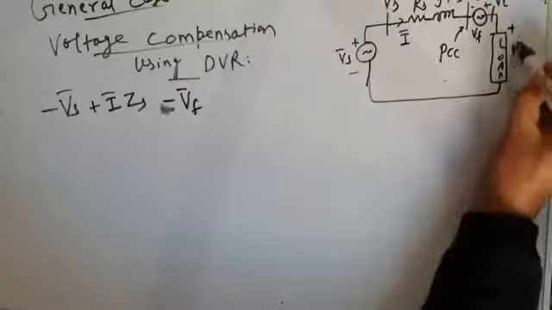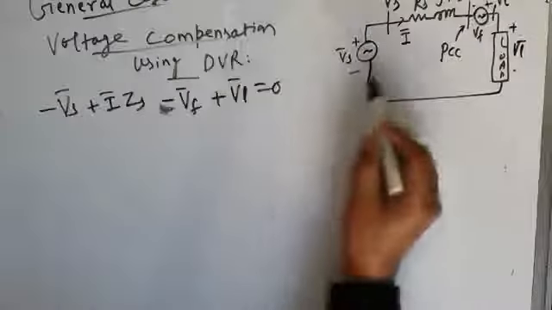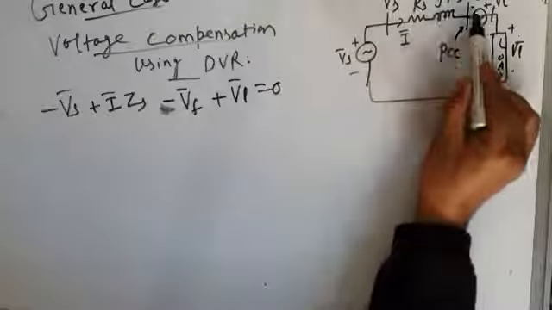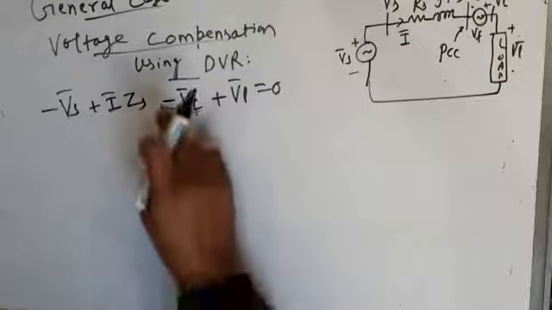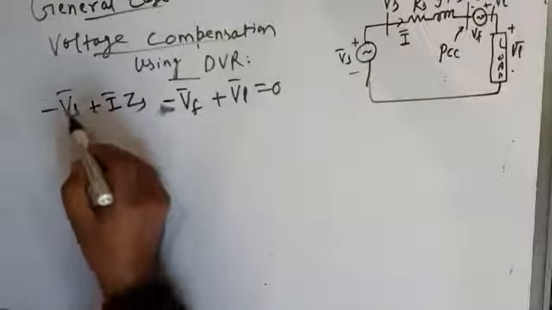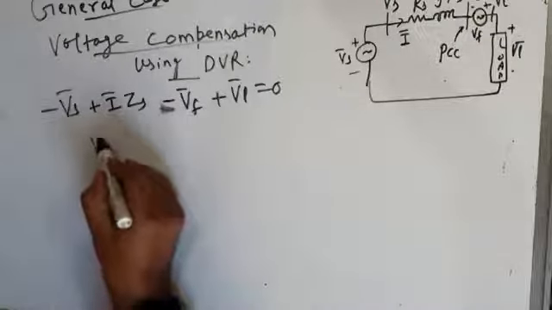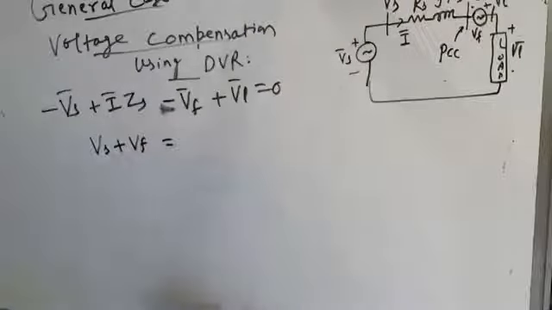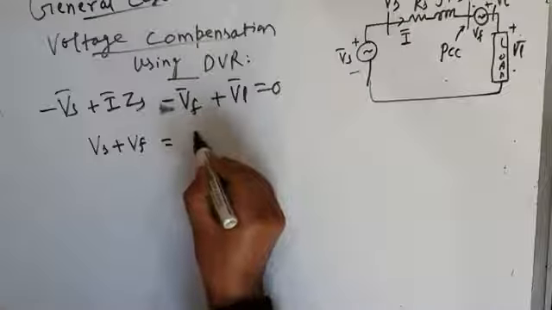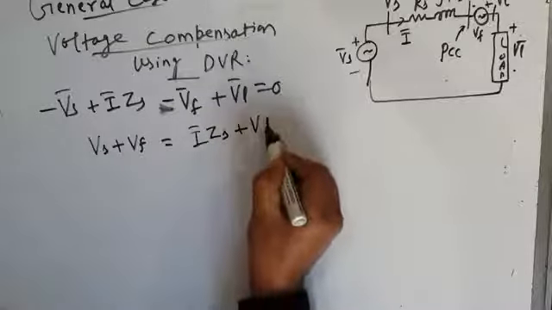See, load voltage is like this. It is the same as this bus voltage, equal to 0. So minus Vs plus this drop, minus Vf plus VL is equal to 0 by application of KVL. Or if you take Vs and Vf on one side, you can write Vs plus Vf is equal to I into Zs plus VL.